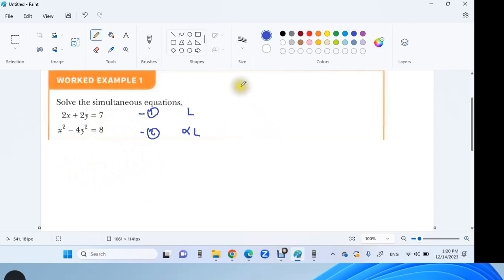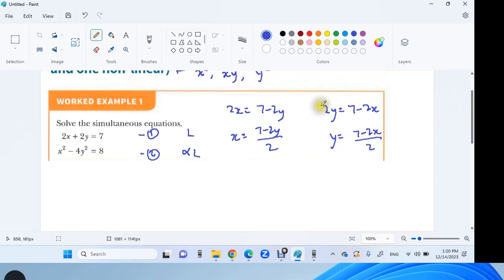Over here, we have two choices. We have 2x equal to 7 minus 2y, then x equal to 7 minus 2y over 2. Or we have 2y equal to 7 minus 2x, then y equal to 7 minus 2x over 2. Both of these come from equation 1.